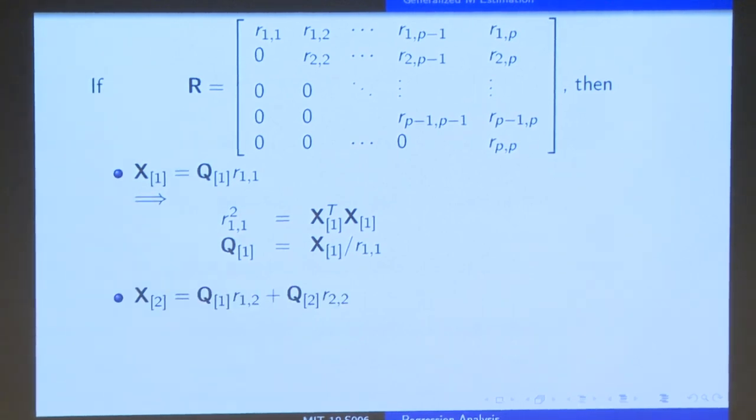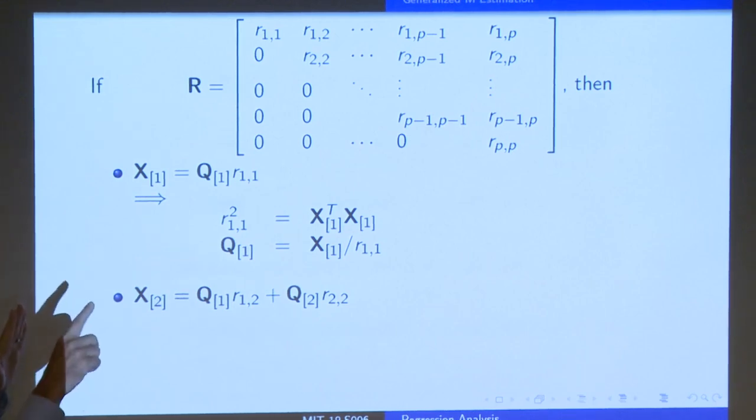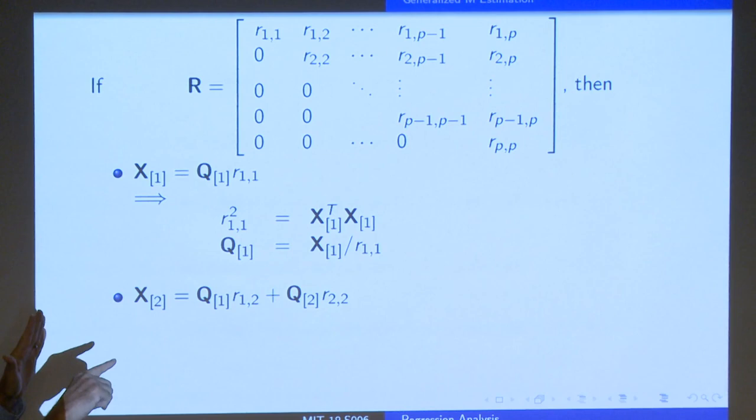Then let's solve for the second column of Q and the second column of the R matrix. X2, the second column of the X matrix, is the first column of Q times R12 plus the second column of Q times R22.